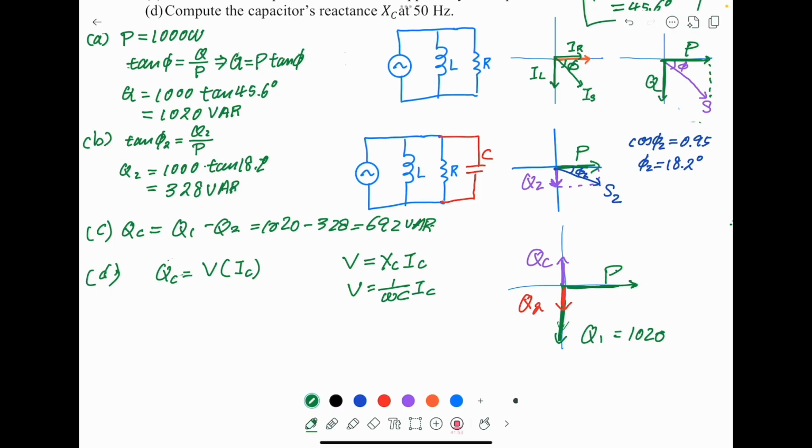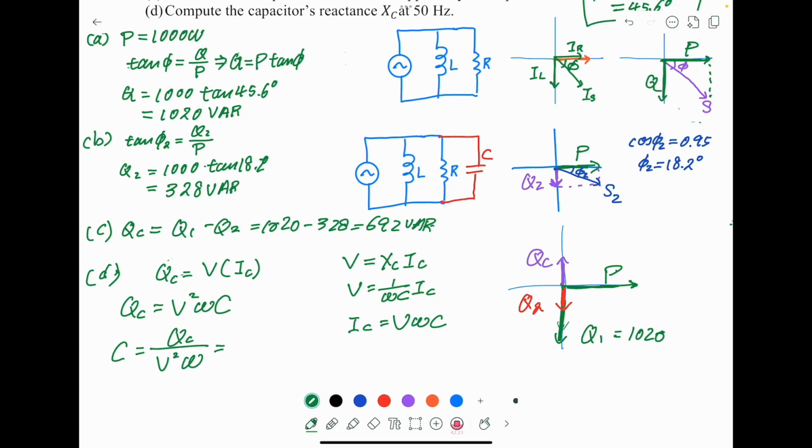So IC is V omega C. So we can say the reactive power QC is V squared omega C, where C is the capacitance, so C is equal to QC over V squared omega.